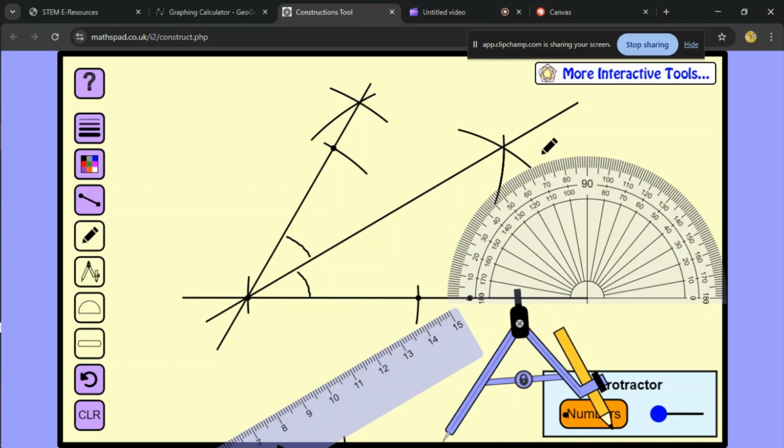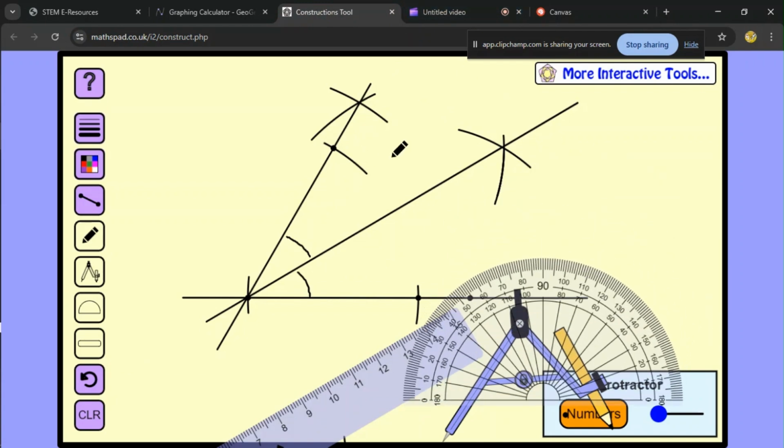Okay, I want us to look at the question now, using this idea to see whether we can solve it.